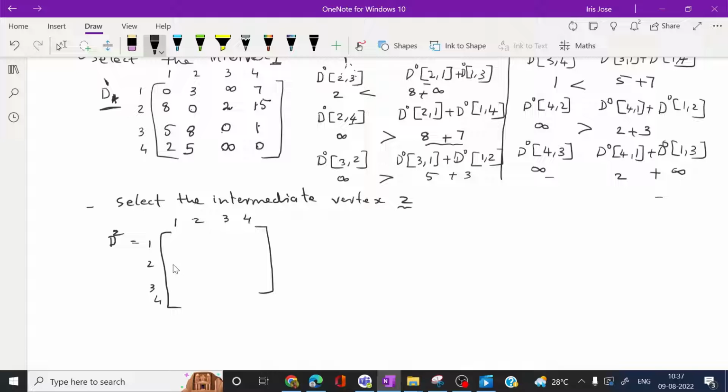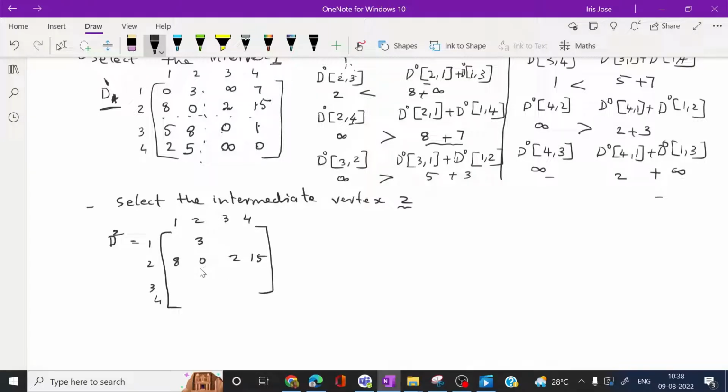We will keep the previous values for the second row and second column since we are considering the second vertex as the intermediate vertex. So the second row is 8, 0, 2 and infinity, which I will keep here. Then the second column is 3, 0, 8, 5.